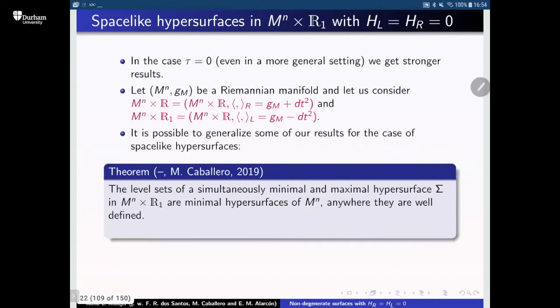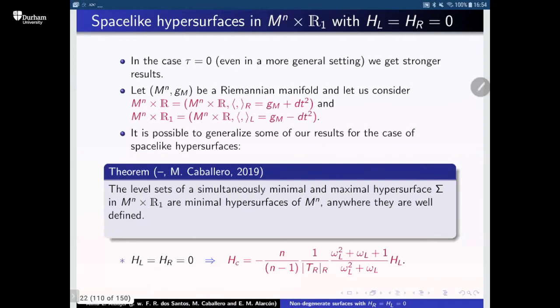And so it is possible to prove, for instance, the equivalent as before, where we said that any simultaneously minimal and maximal surface should be ruled in the homogeneous space. Here, the level sets of a simultaneously minimal and maximal hypersurface in the product are minimal hypersurfaces on Mn, on the fiber, anywhere they are well defined.